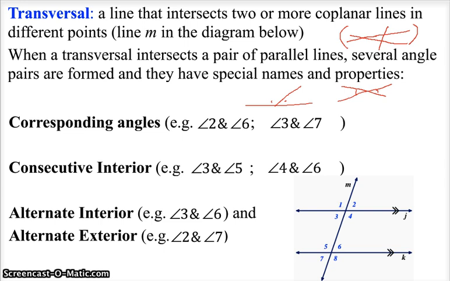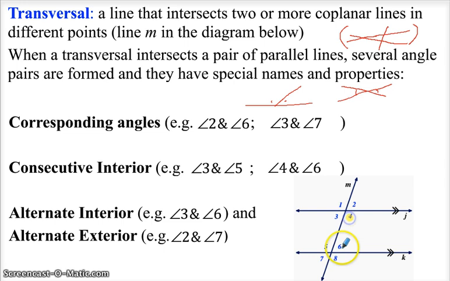All right, consecutive interior. Interior is this zone in here, the interior between the two possibly parallel lines. So when they say interior, that's a different way we've used that term. Interior is in this zone, so we're only talking about angles 3, 4, 5, or 6. Consecutive interior angles would be angles on the same side of the transversal, on the interior here.